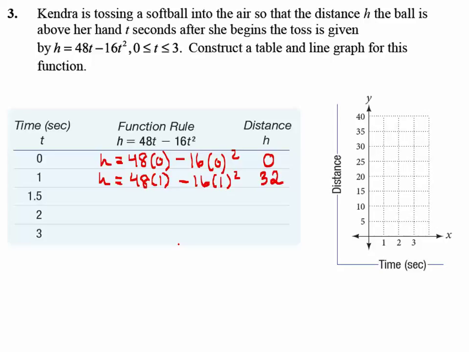Love it. Plug in a 1.5 into that. I agree with 36. Alright, plug in a 2.